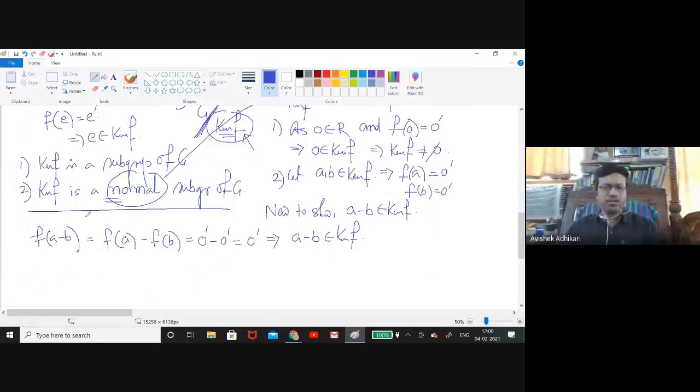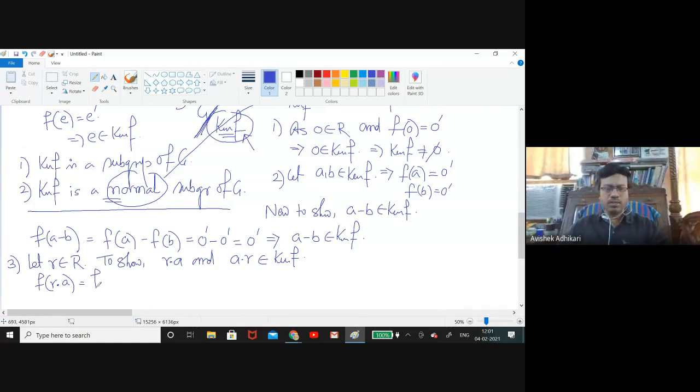Then let any element, say r belong to R. We need to show that ra and ar belong to ker F. Start with F of ra.